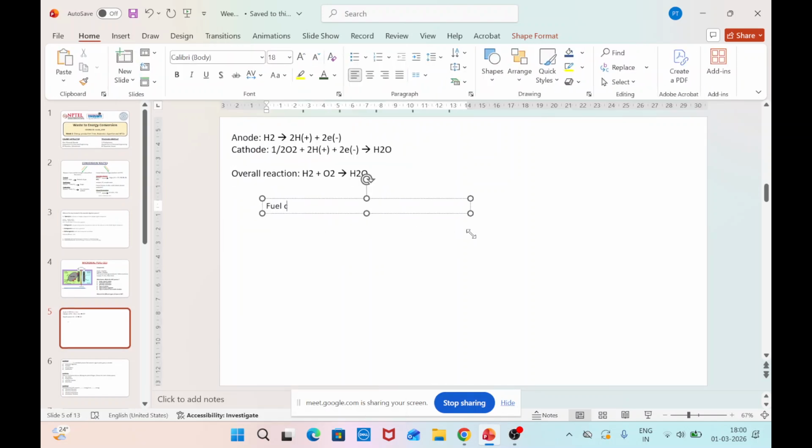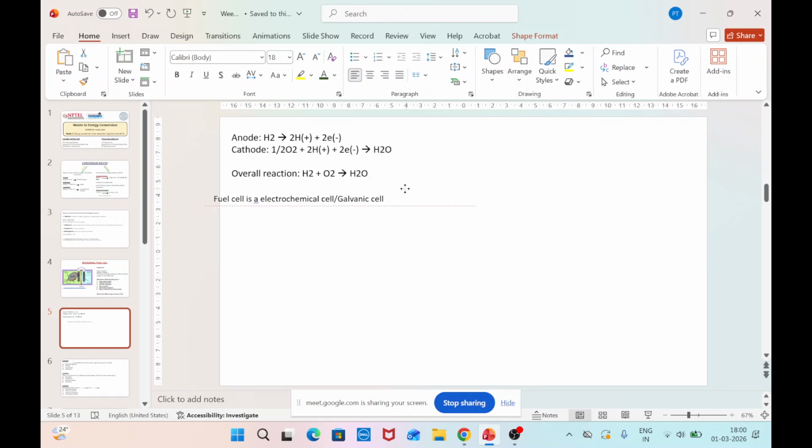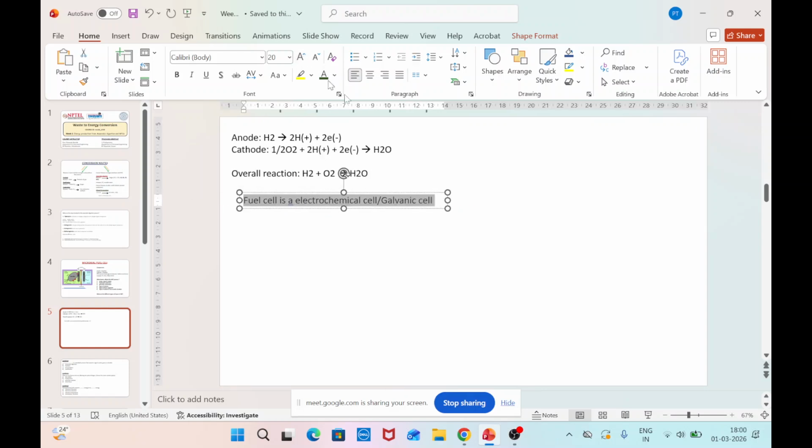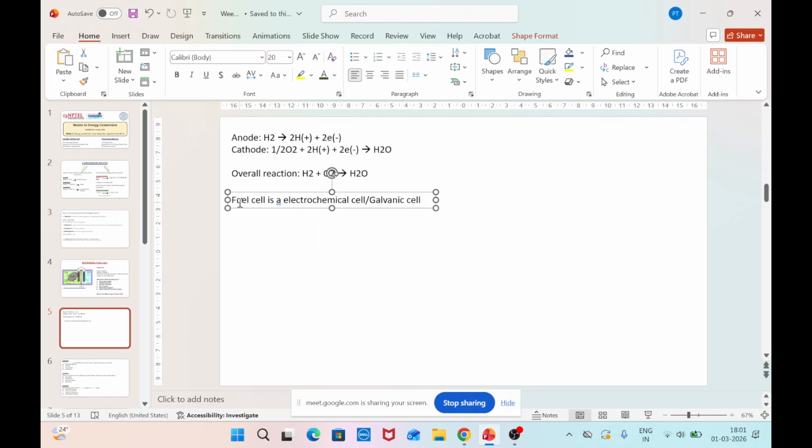So a fuel cell is an electrochemical cell, or you can also call it a galvanic cell. So this is the concept of hydrogen fuel cells.